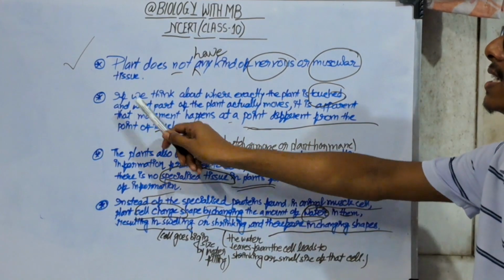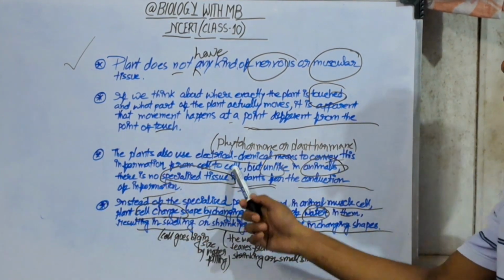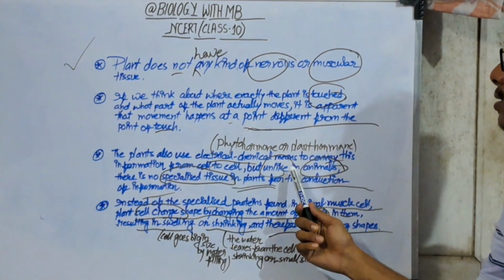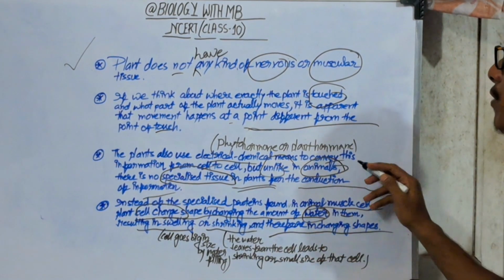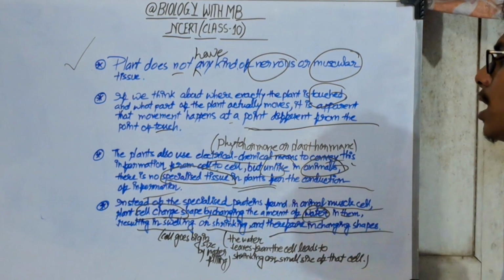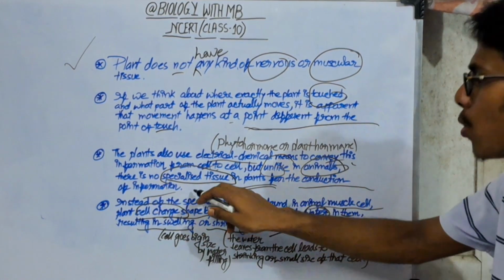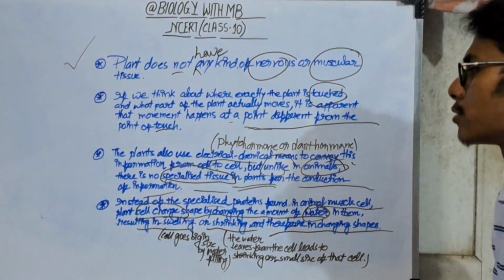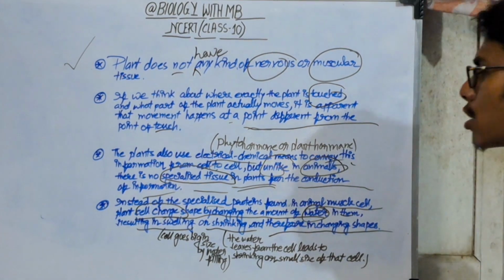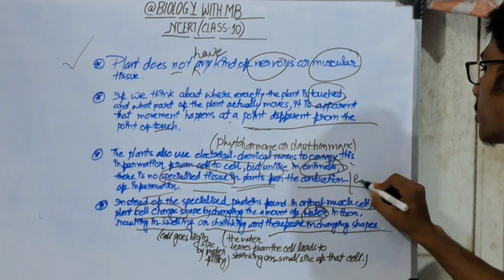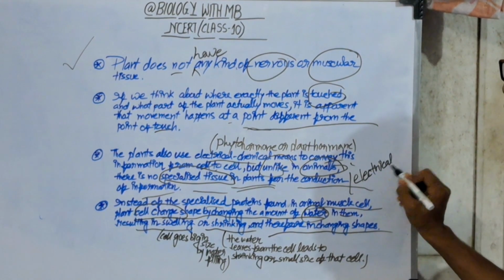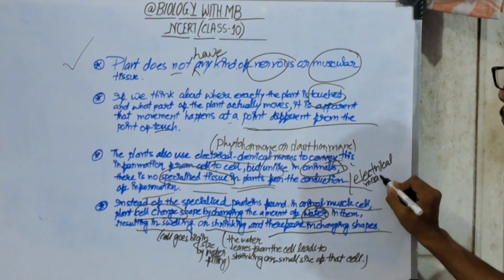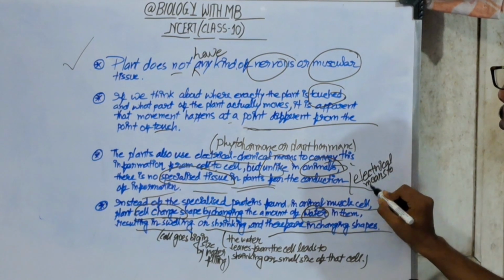That is exactly what it says. Plants also use electrical or chemical means to convey information from cell to cell, but unlike in animals, there is no specialized tissue in plants for the conduction of information. Conduction means electrical means to transfer.